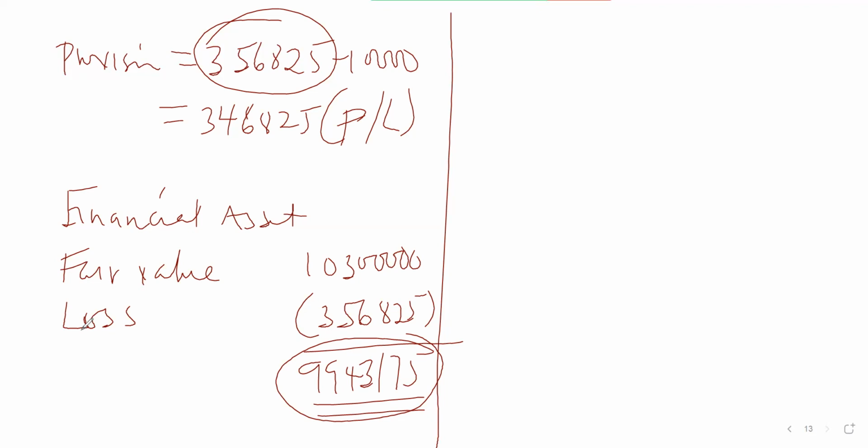So subsequently, the finance income will be calculated on this amount. But the coupon will still be calculated on the initial amount. But the finance income will be calculated on this amount. So that is all about this particular question.